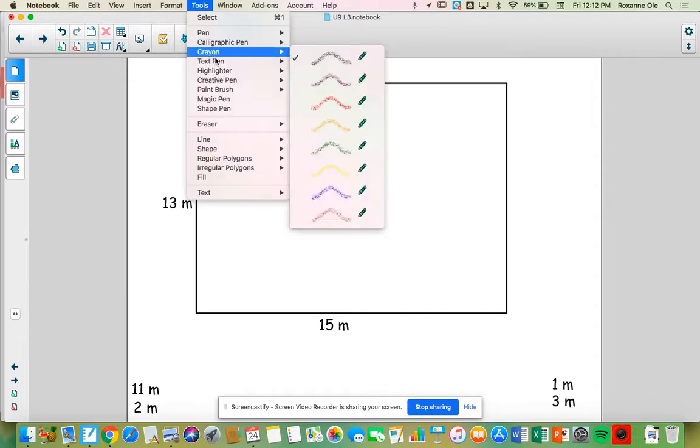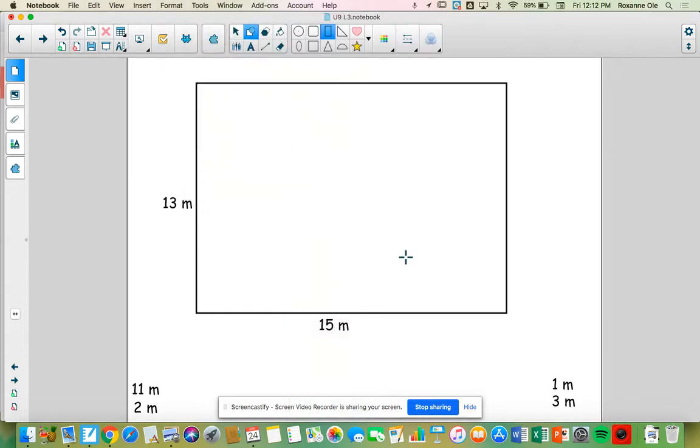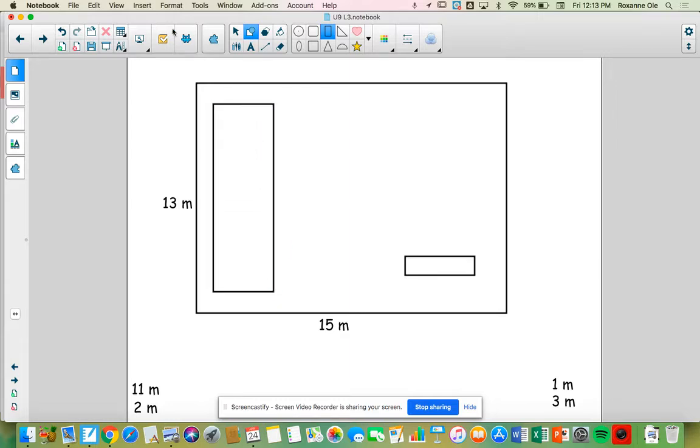So when you're doing draw, I'm going to have to choose it from here, but you're just going to draw. So draw a little checkout desk, 3 meters by 1 meter. I mean, this is not to scale, but let's just pretend that it is 3 meters by 1 meter. And then it says there's a display shelf that's 11 meters by 2 meters. So let's draw this display shelf, 11 meters by 2 meters.